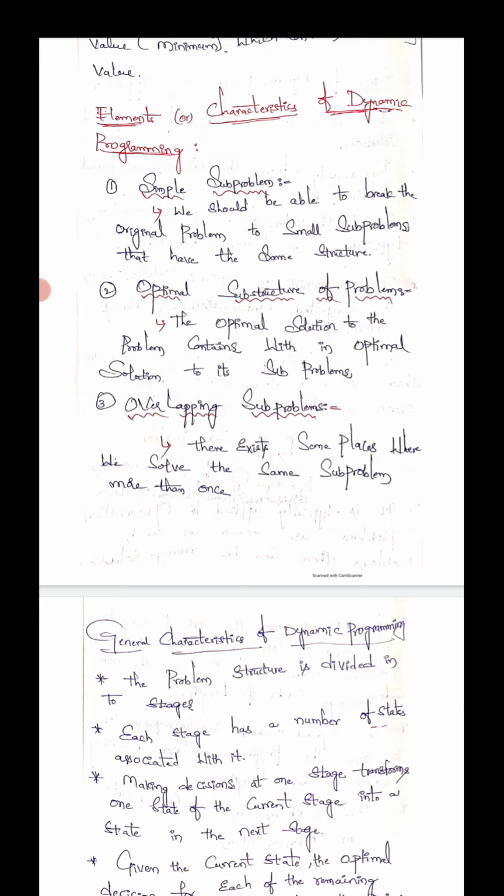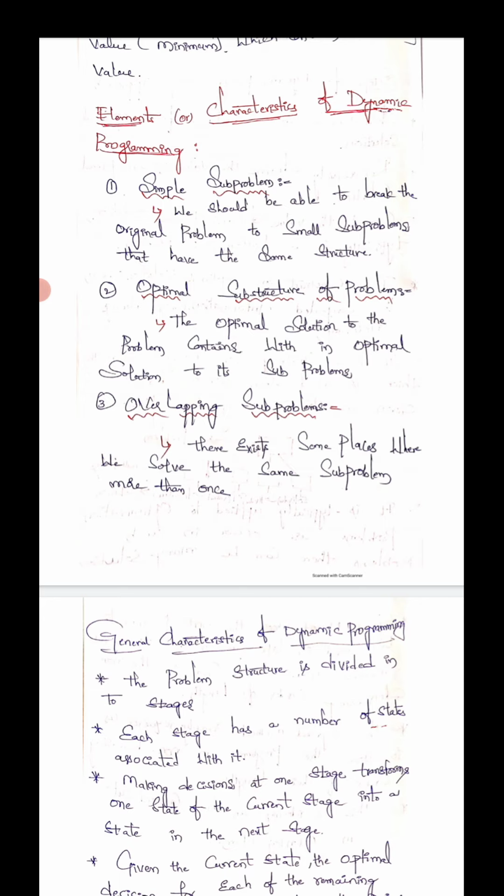The third one is nothing but overlapping subproblems. Overlapping in the sense that there exist some places where we solve the same subproblem more than once. That is said to be an overlapping subproblem.